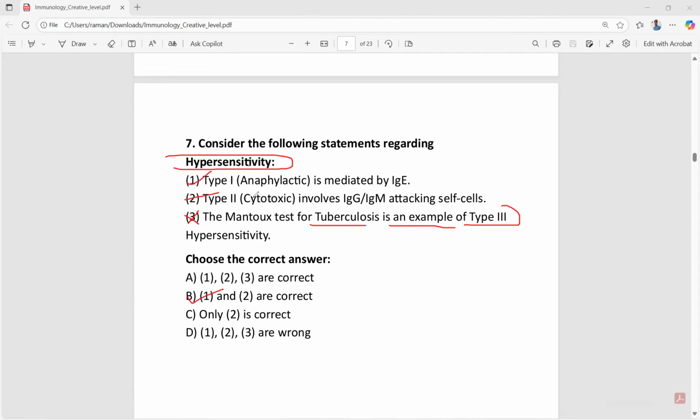Type 2 cytotoxic involves IgM, IgG attacking cells. And type 1 anaphylactic is mediated by IgE. இது immediate type ன்னு சொல்லுவோம். So option B is the right answer.